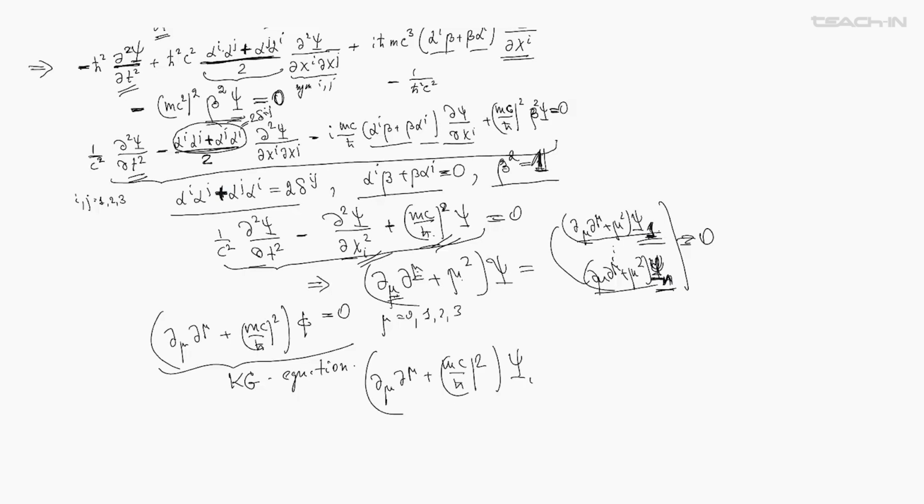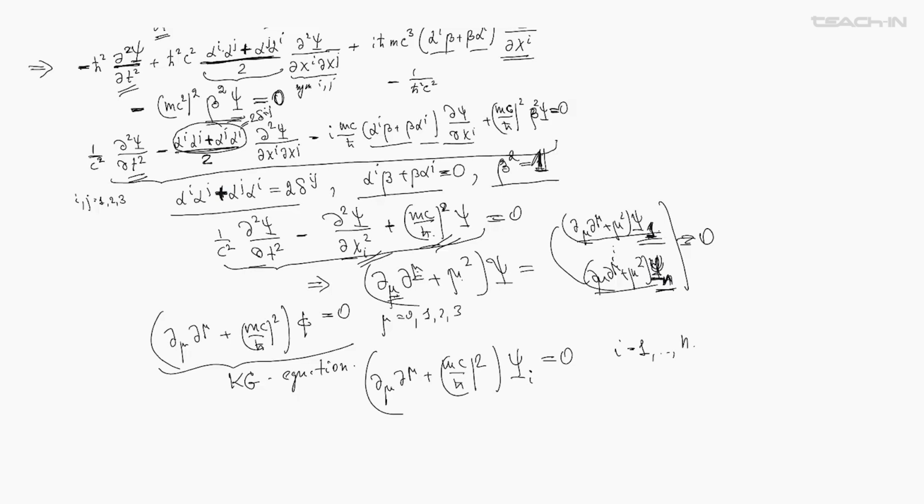So the relativistic dispersion relation is inherited by each of these components from psi 1 to psi n. Okay? Okay, sir. Okay, very good.